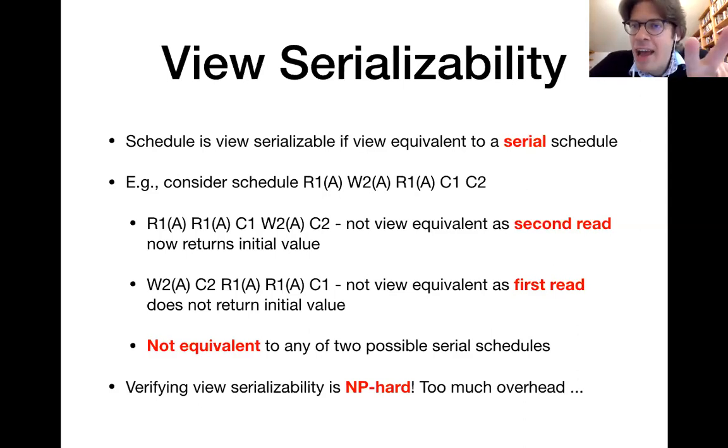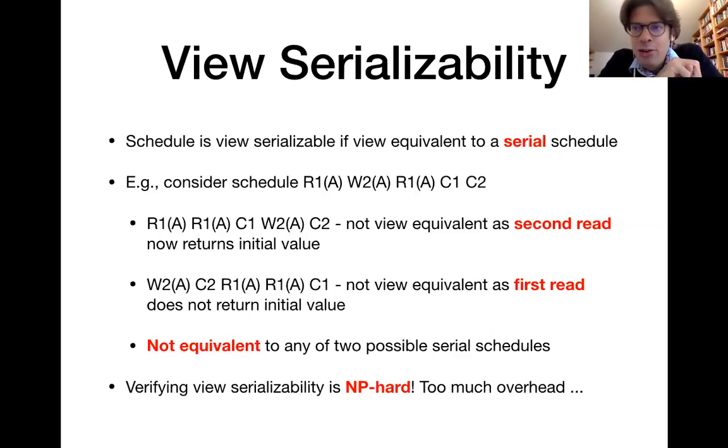So since we have two transactions that appear in this schedule, there are exactly two possible serial schedules that we can compare against. Either we first execute the first transaction and then the second transaction, or we first execute the second transaction and then the first transaction. Now, here we have both possibilities.